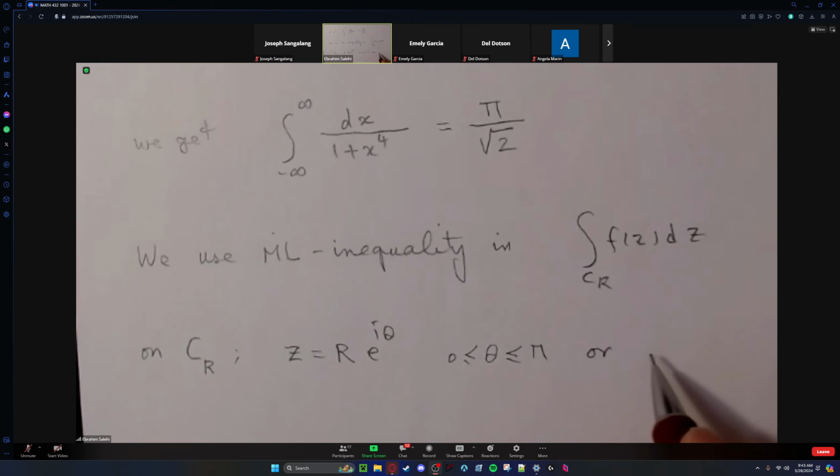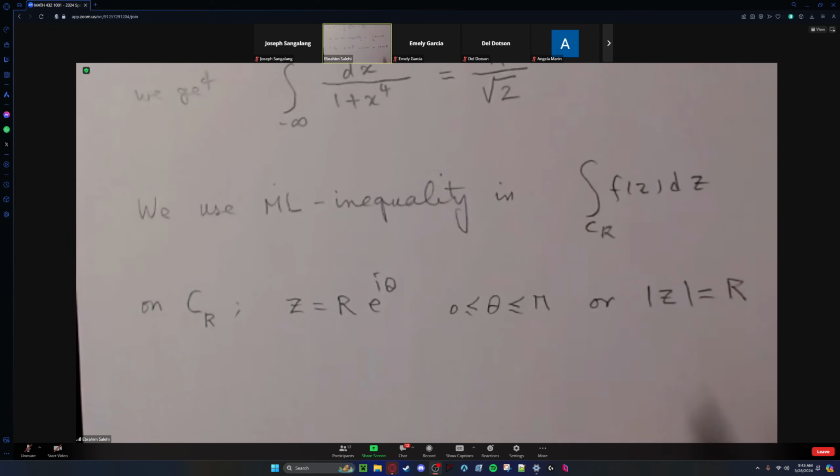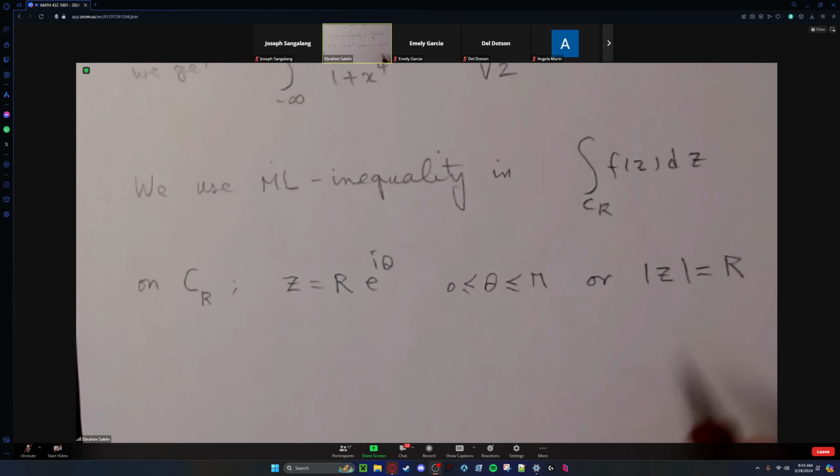Definitely modulus of z is R. So using ML inequality, the length of the curve is a semicircle.